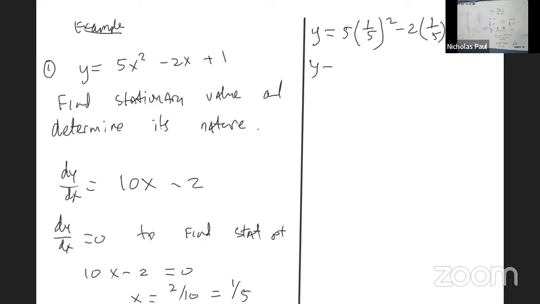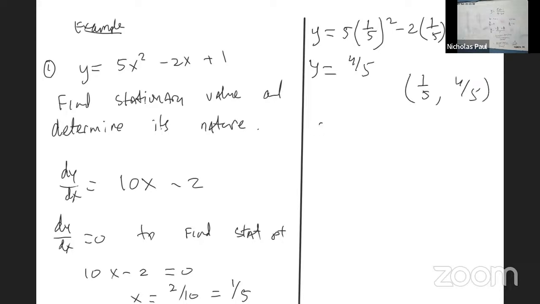Anybody can help me out there? Four fifths. So that would be (1/5, 4/5). That's the stationary point.